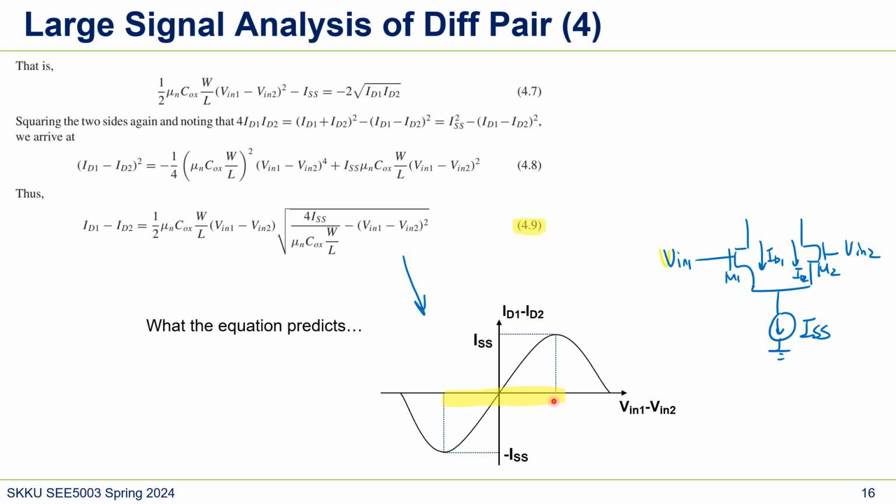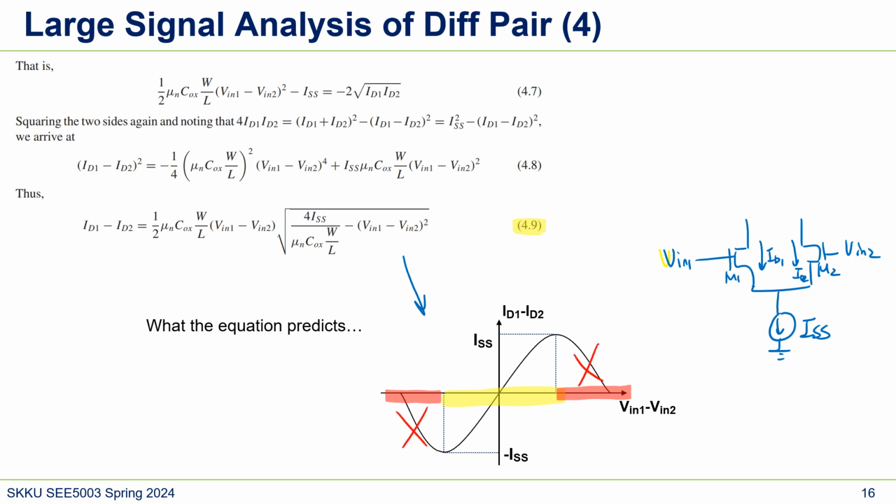But how about this part? It says that if you increase Vin more, then suddenly ID1 decreases, which doesn't make sense. So this part we'll ignore, we're not going to take this.